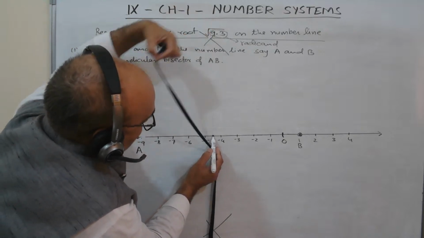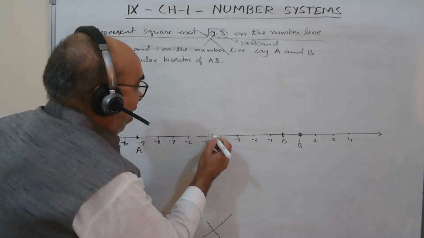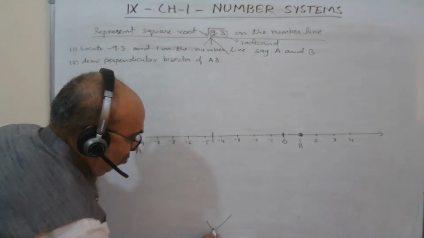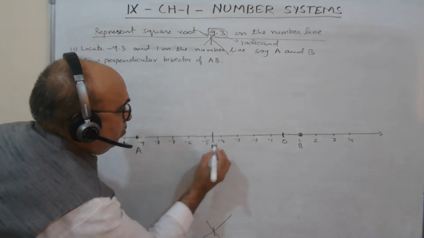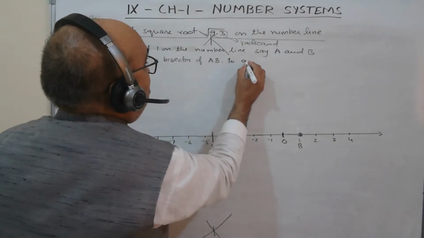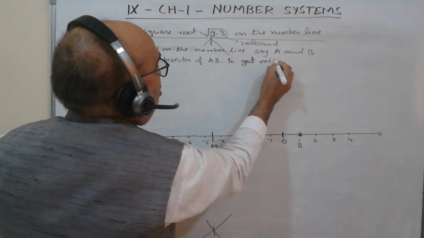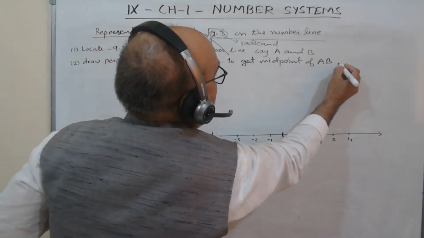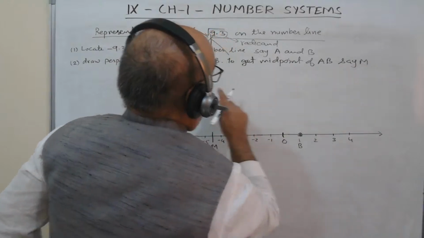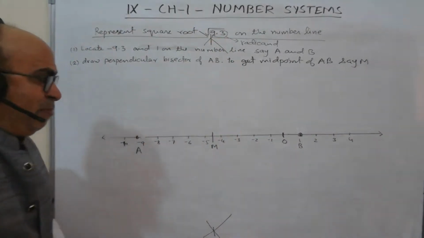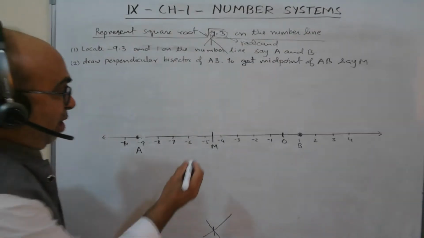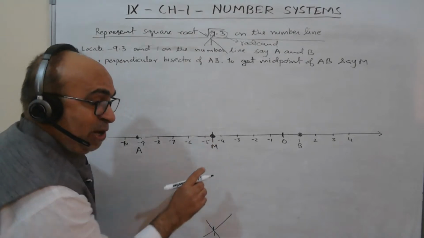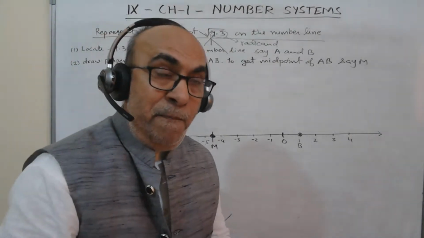I think it is here approximately. You mark like this, one mark here, one here, and one here. Why are we drawing this perpendicular bisector? To get the midpoint of AB, and that midpoint we will say as M.